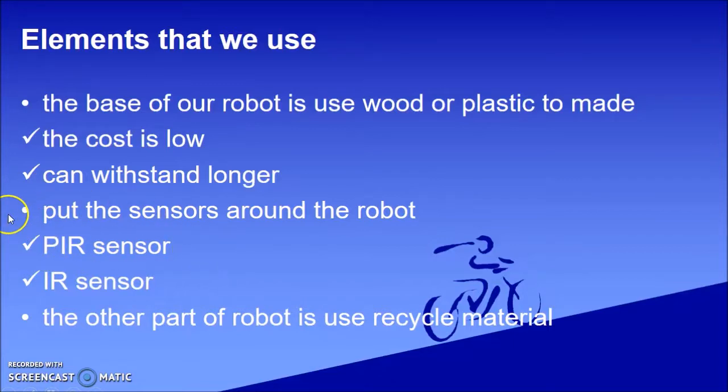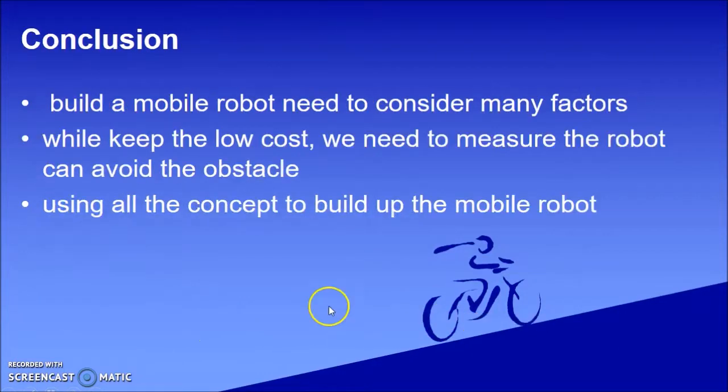The first are the PIR and IR sensors. This makes sure our robot can sense the obstacle in the first place. That means our robot can avoid the obstacle easily. For the other parts of the robot, we will use recycled material. So when using recycled material, the cost of our mobile robot will be very low.